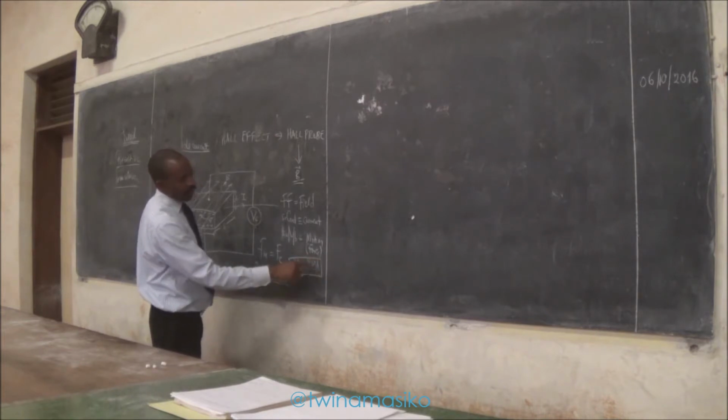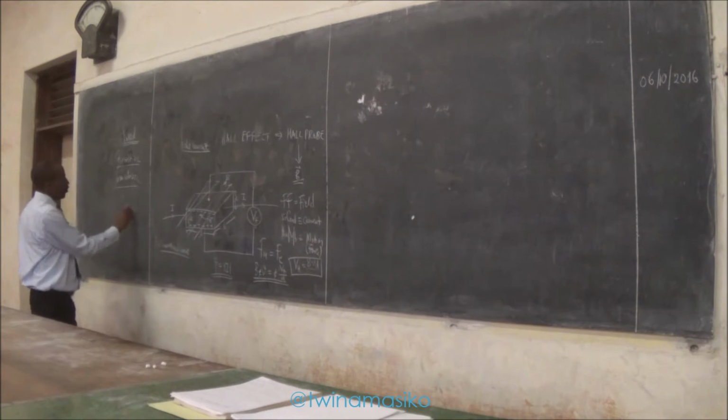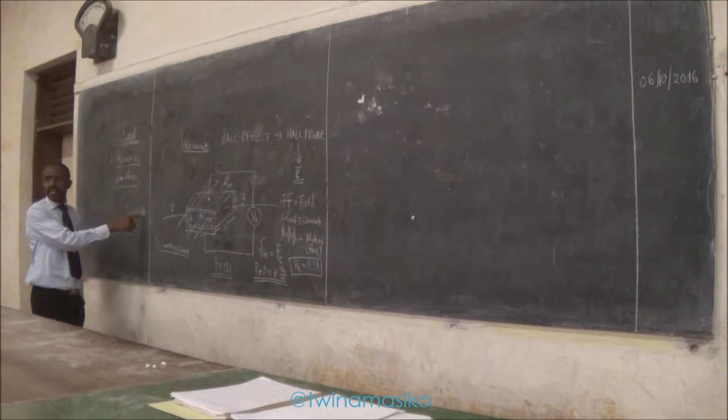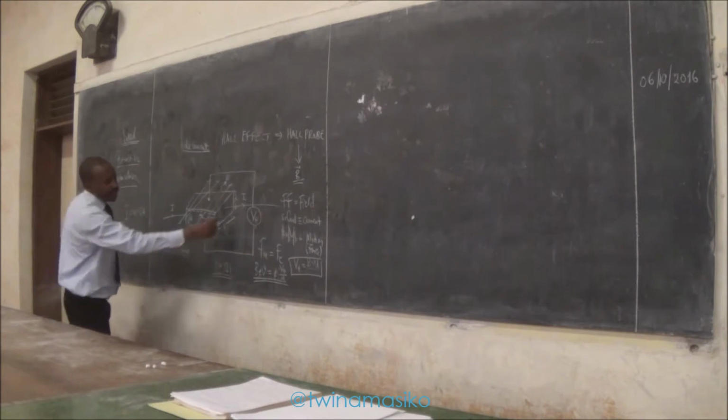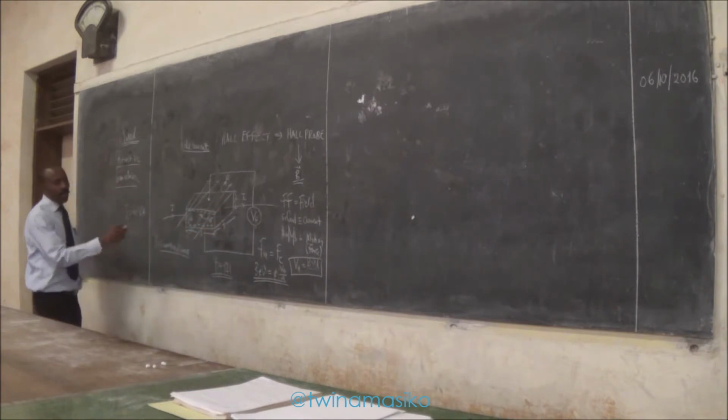I can only get the over things when I substitute for the drift velocity from I equals nevA. And A is the cross-sectional area, which is D, or you can have this as the thickness T, so you have I equals nevA, where A is dt.